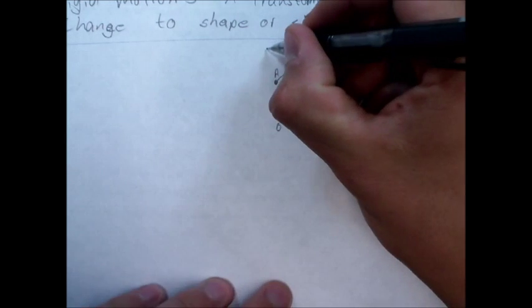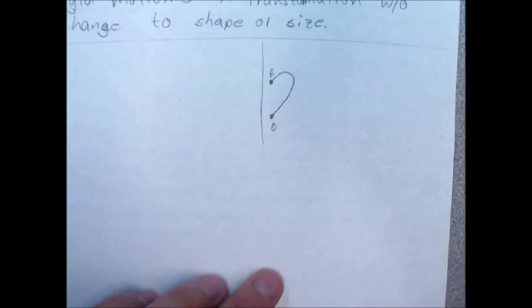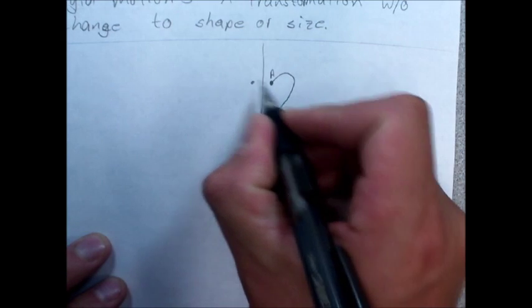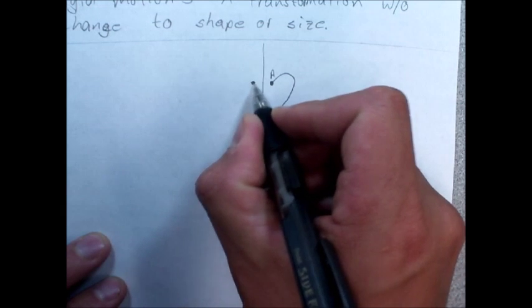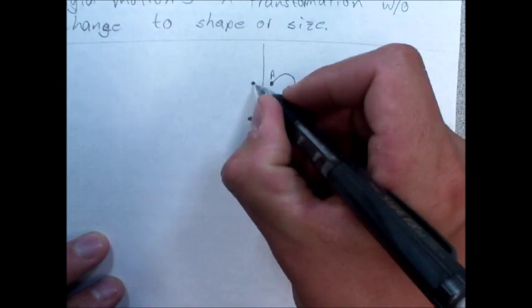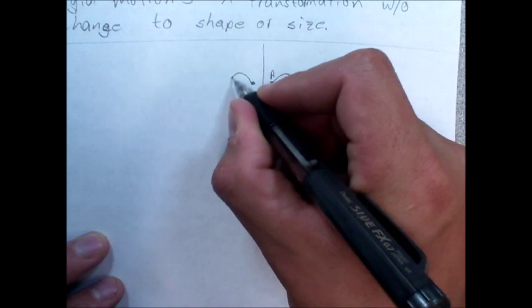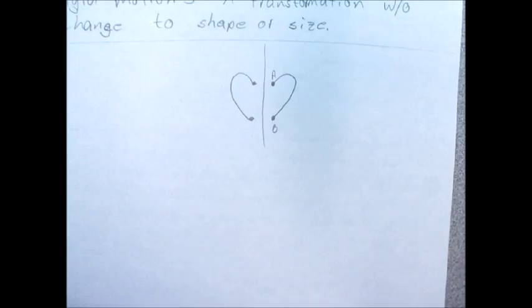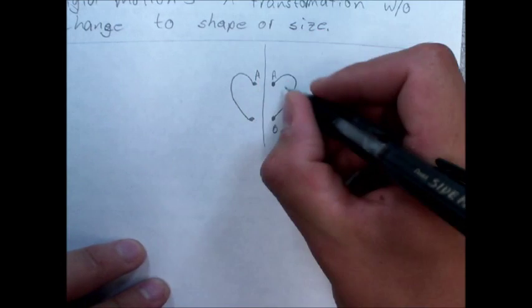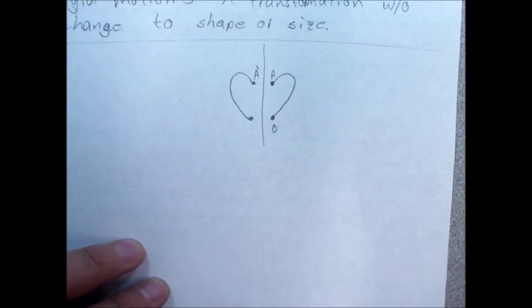So here's my axis of symmetry, or my line of reflection, whatever you want to call it. Basically, when I reflect it, I'm going to be an equal distance away from that line because the reflection is that. And then I'm going to have to draw my half heart. Ooh, this is going to be bad, I know it. Not near as bad as I thought it was going to. Now it looks a lot more like elephant ears than a half heart. But my original is going to be A. My image is going to be A prime.